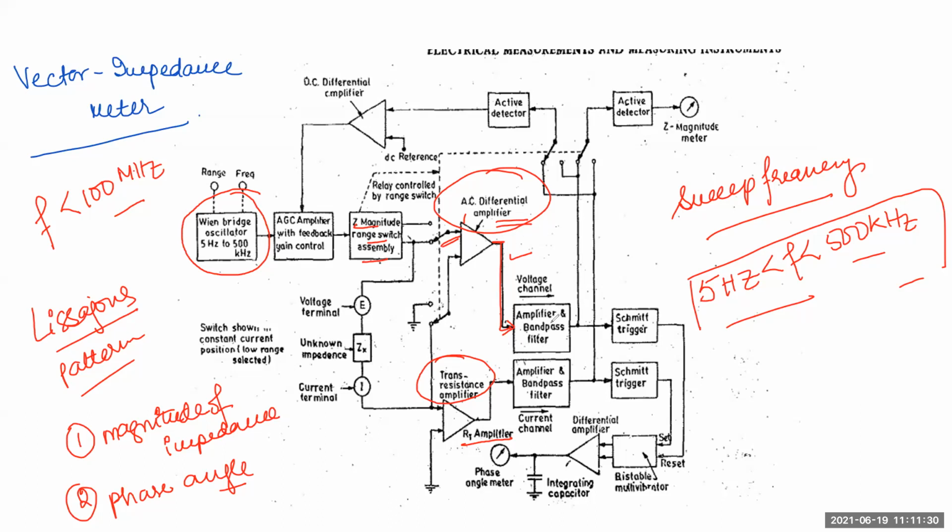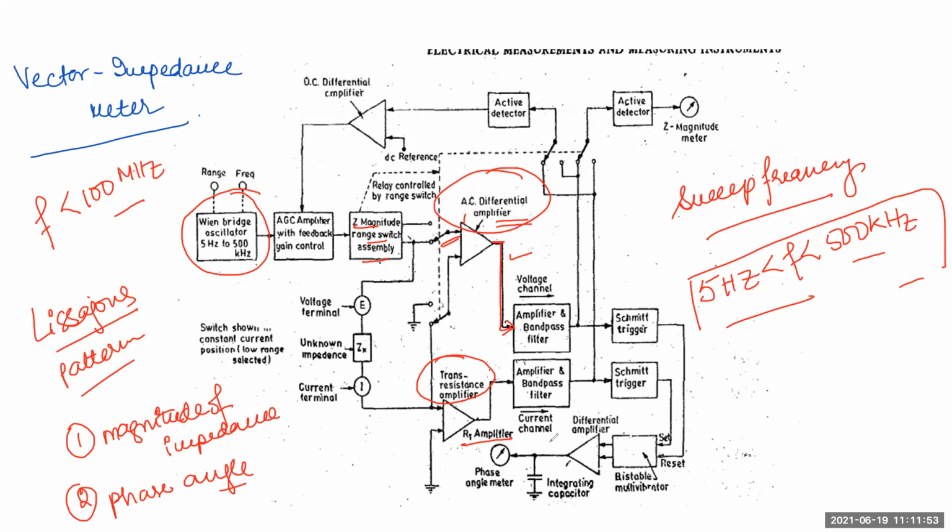The output of the bandpass filter is then connected to a detector which drives this Schmitt trigger. The output of the Schmitt trigger is again connected to a multivibrator, then to the differential amplifier.